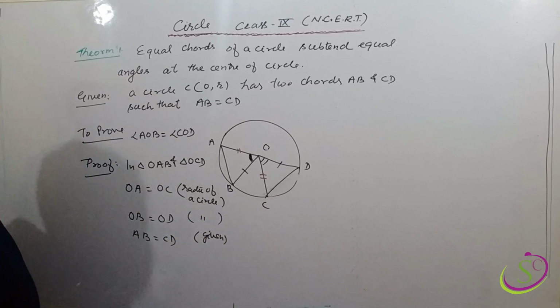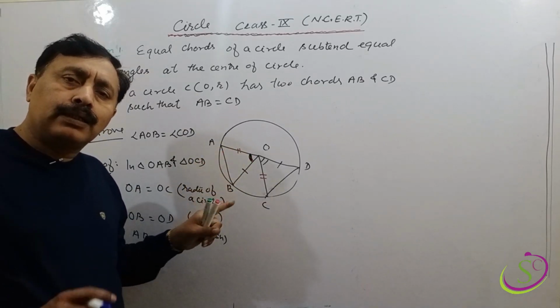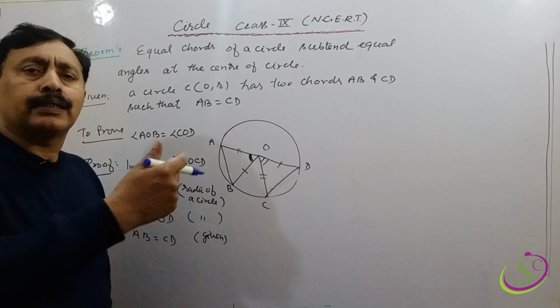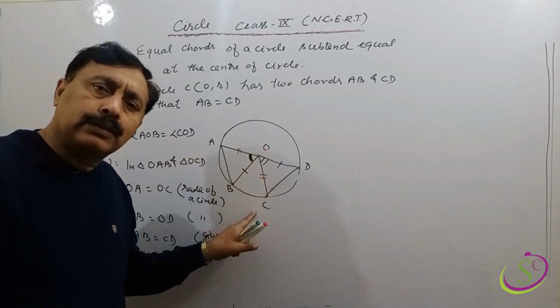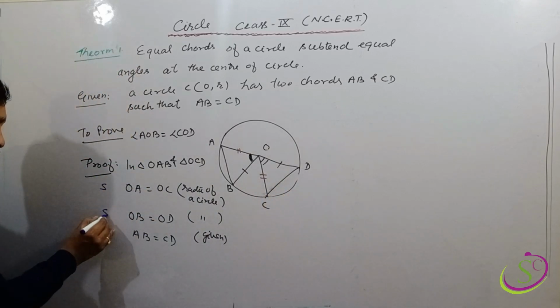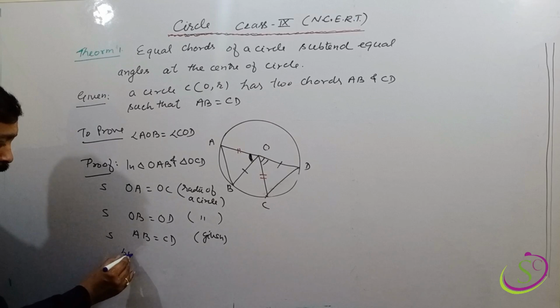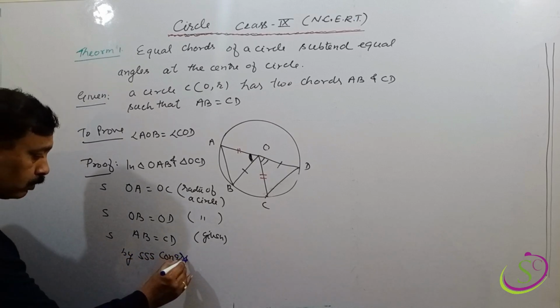Okay. So all the sides of this triangle OAB are equal to the corresponding sides of another triangle OCD by SSS congruency.